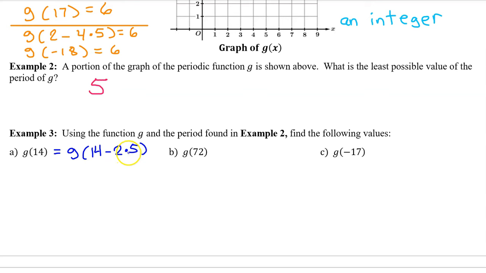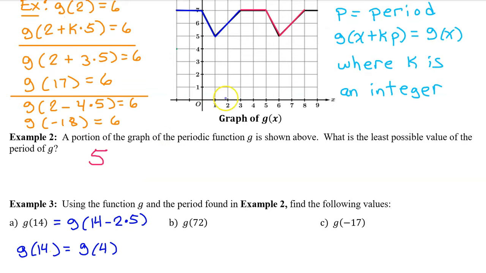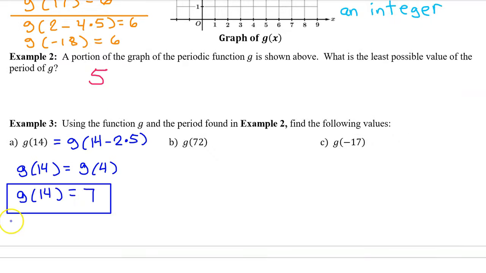Subtracting multiples of the period from the input value of 14 will not change the output value. So g at 14 will equal g at 14 minus 10. In other words, g at 14 will equal g at 4. Looking at the graph, g at 4 is 7. Therefore, g at 14 is 7.